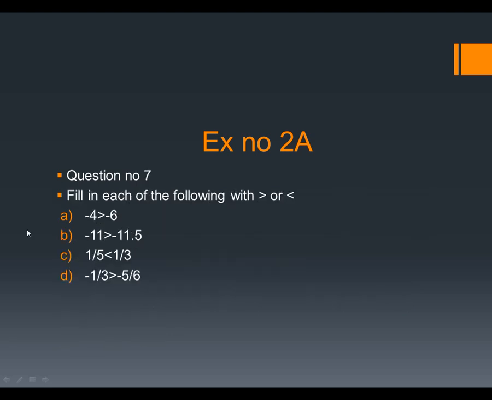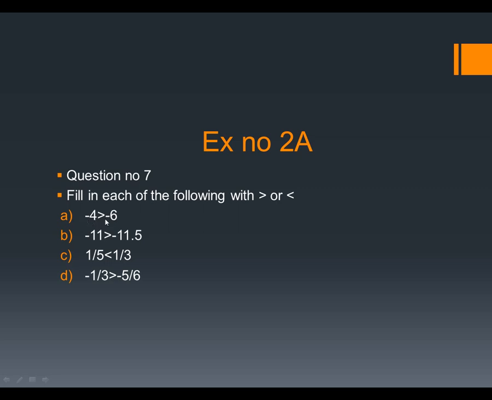Question number 7 is: fill in each of the following with greater or smaller. So minus 4 is greater than minus 6, because among negative numbers, when the number is greater with the negative sign, it must be smaller.